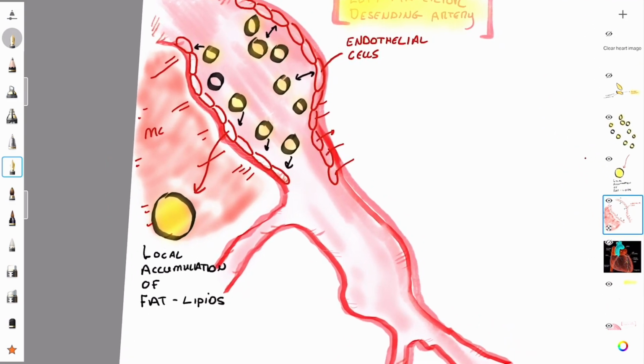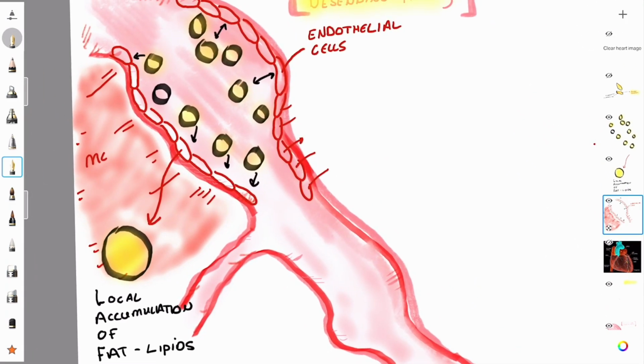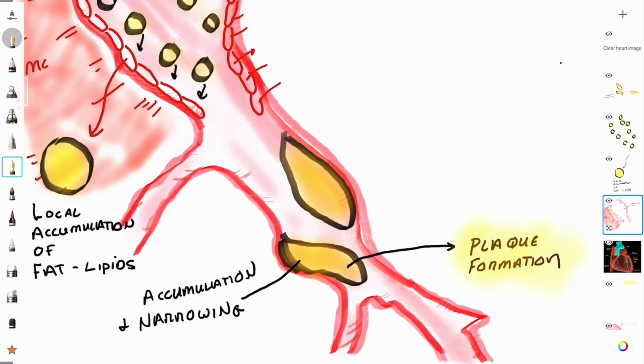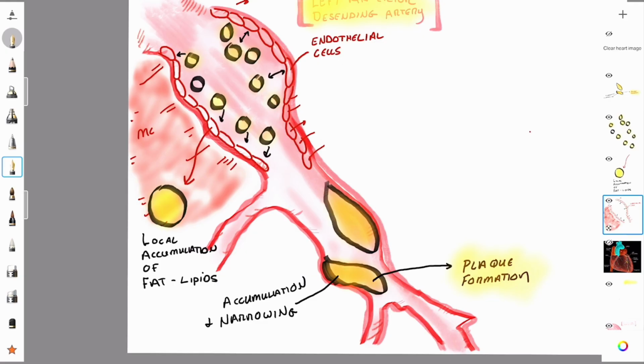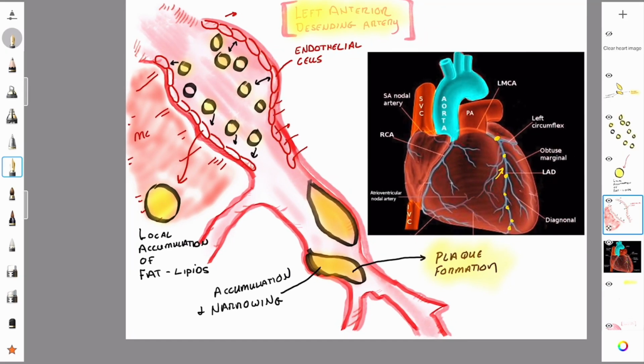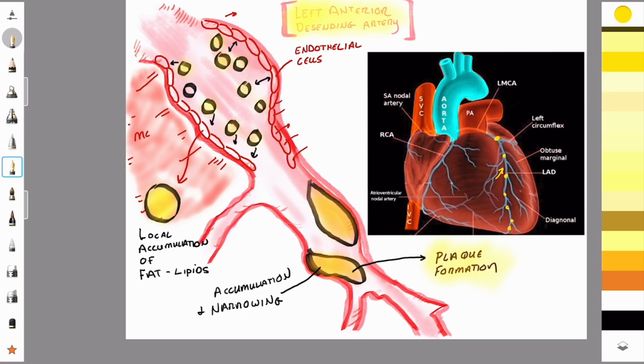And what is going to occur is this accumulation of LDL. If we scroll down here a little more, it's going to start making plaque formation. So if we're looking back at this, we can see that as this artery begins to descend down here, that's where I'm at here, we're starting to get this plaque formation because of this elevation in low density lipoproteins.